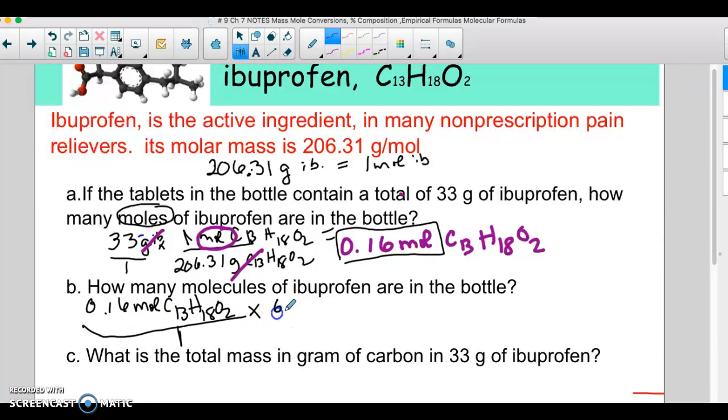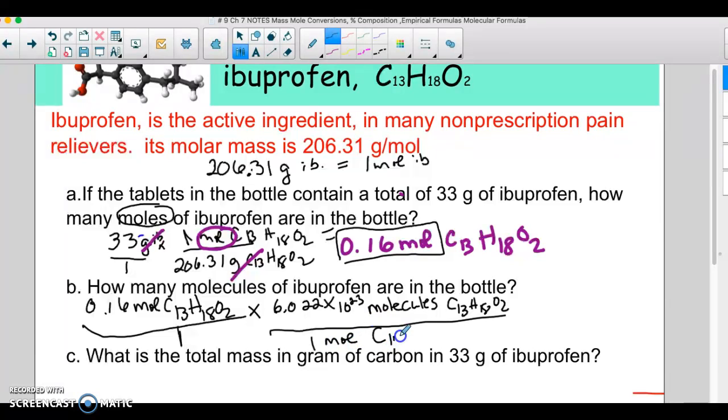And then I'm going to use Avogadro's number. Remember, that's how many atoms, in this case molecules, because it's a compound of ibuprofen, are in 1 mole of ibuprofen. So then you can see that my moles cancel.